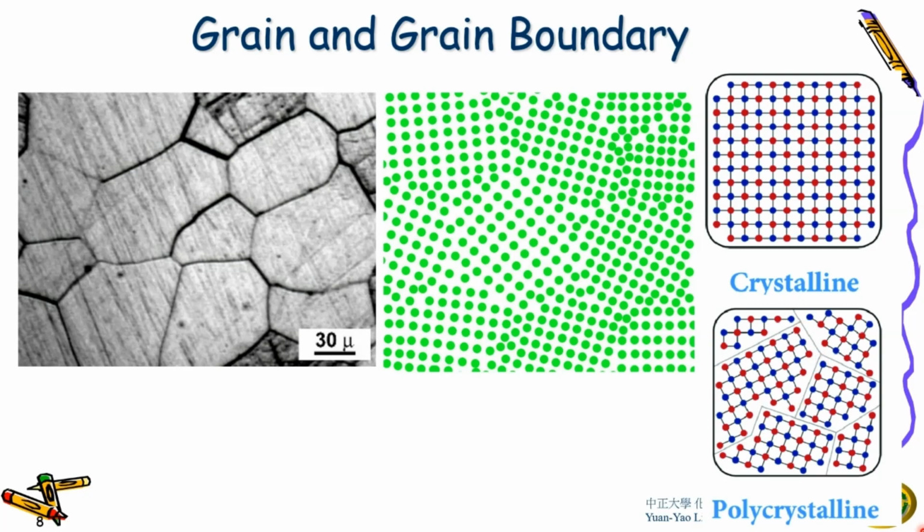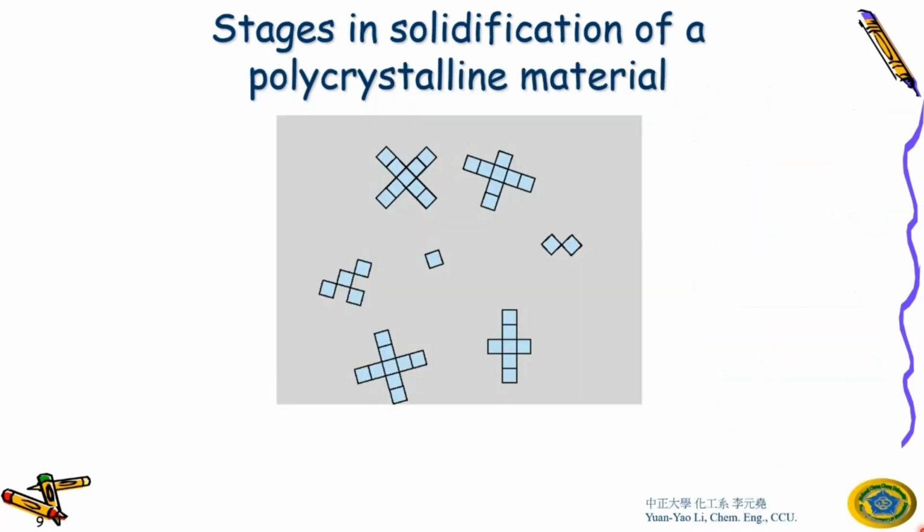Okay, very easy. So the stages in solidification of the polycrystalline material. How is polycrystalline material made? You can imagine you have a sodium chloride solution. If you put a teaspoon of salt into the water, the salt will dissolve in the water, right?